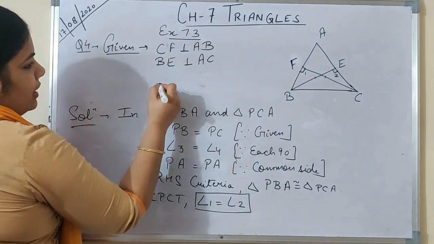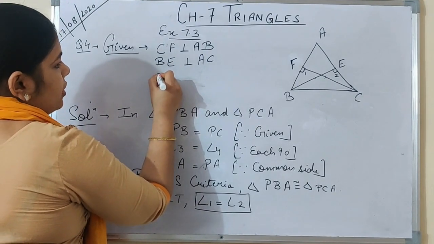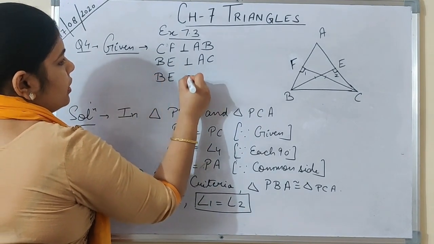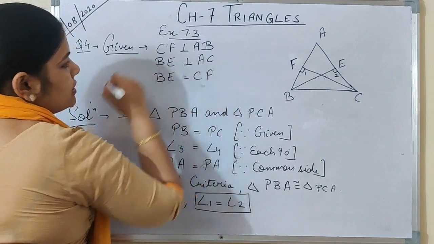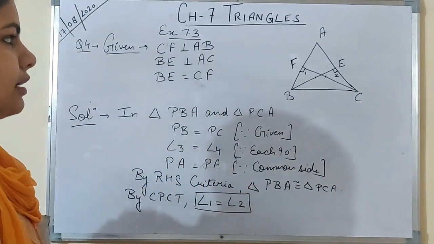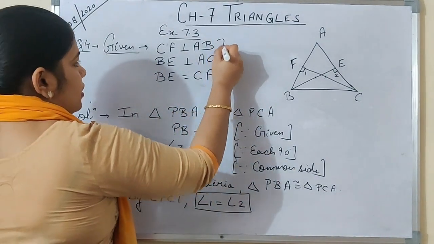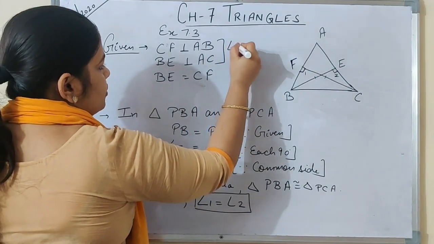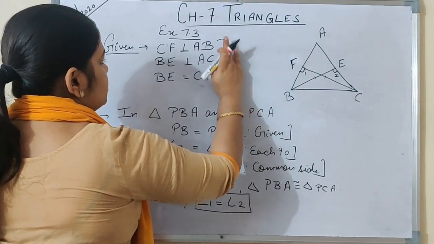What else is given? That BE is equals to CF. These 2 things are given. We can say that this is concluded. This we will write afterwards.